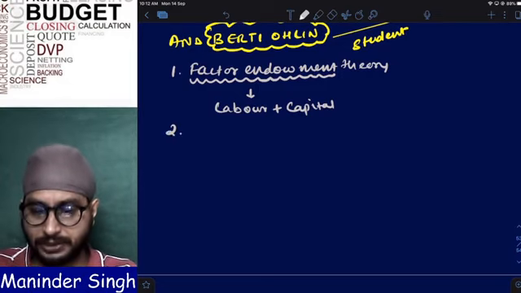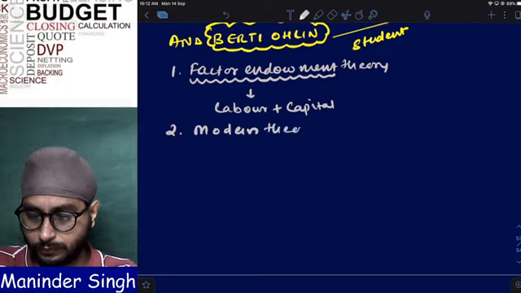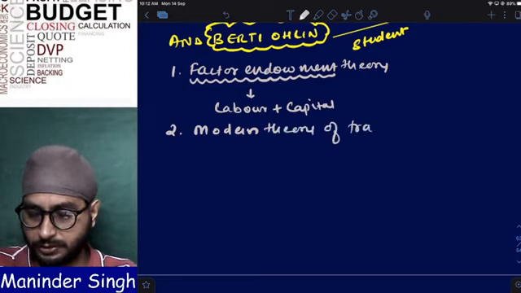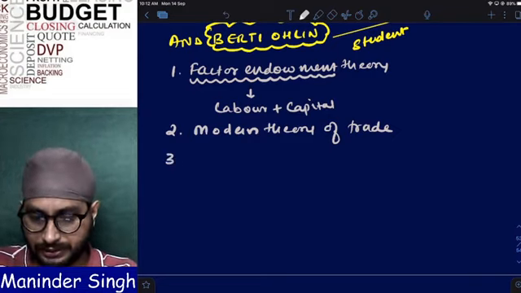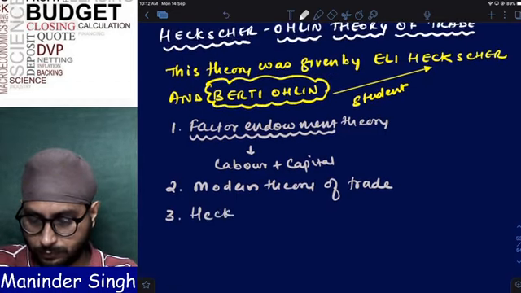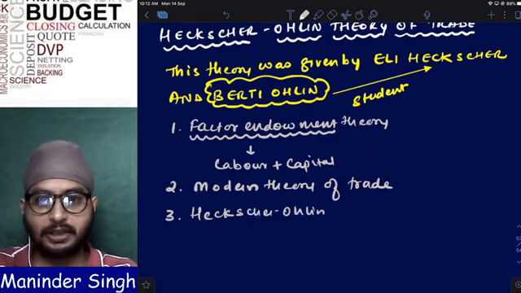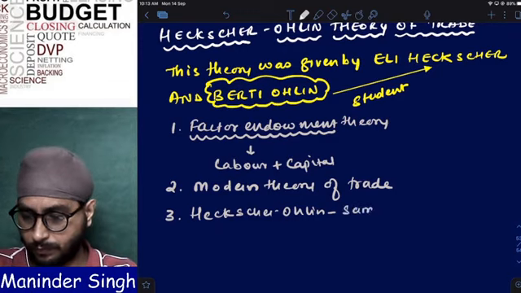Clear? Next, it is also called the modern theory of trade. Modern theory of trade. It is also called the Heckscher-Ohlin-Samuelson theory.